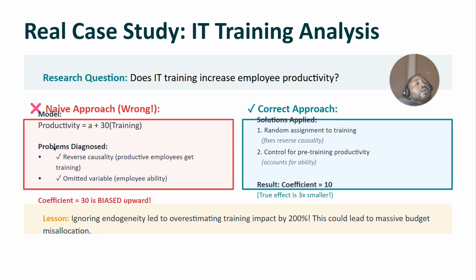So you can see now you are using IT training to check for productivity, but we have a reverse causality here because productive employees get training.